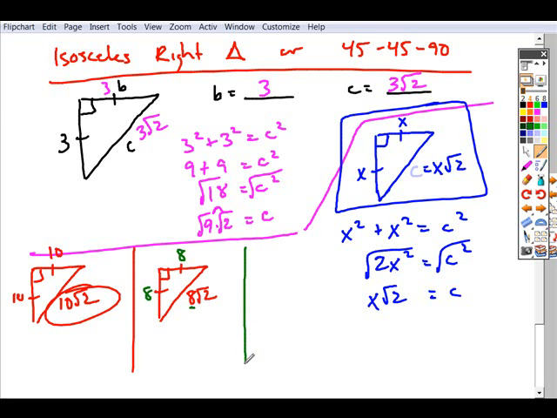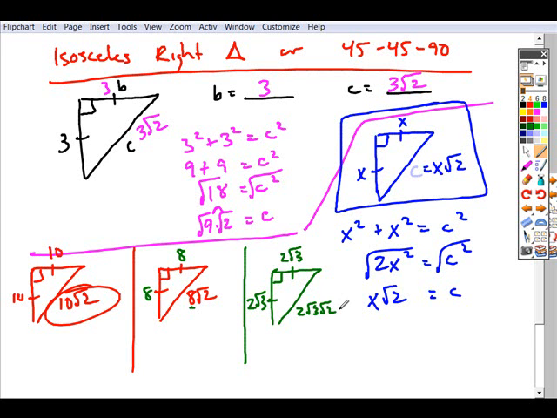Okay, the difficulty comes when they give you... actually, let's go through one more before we get to the most difficult ones. If they give you the length of each side and it has a radical in it, so let's say the side length is 2 root 3. Okay, so if there's a radical in the side length, 2 root 3 would be the other missing length, and the hypotenuse would be 2 root 3 times root 2.